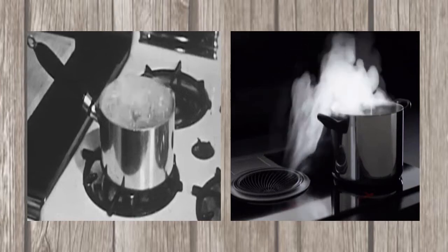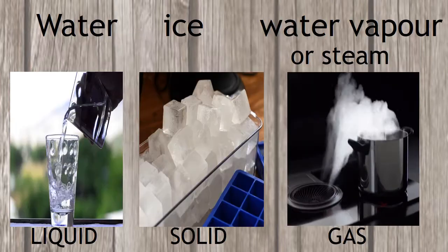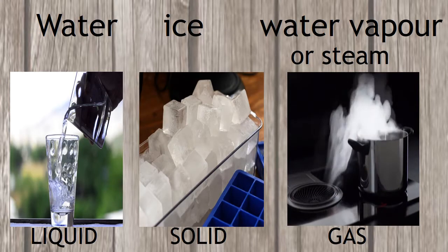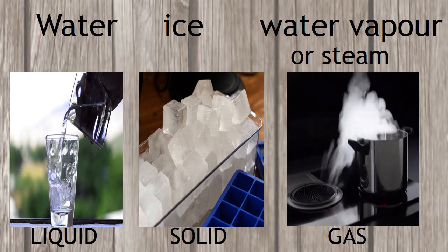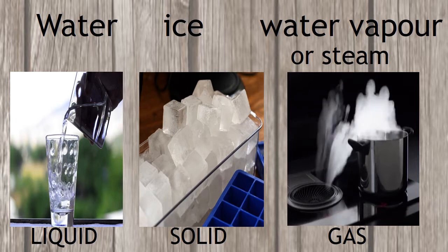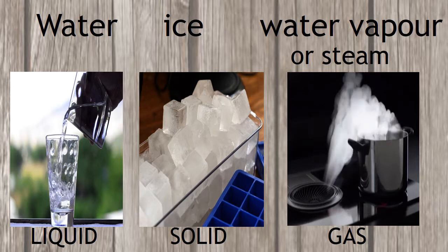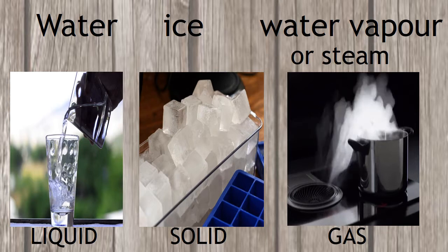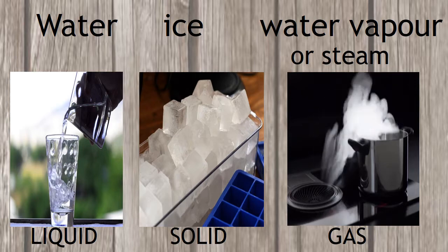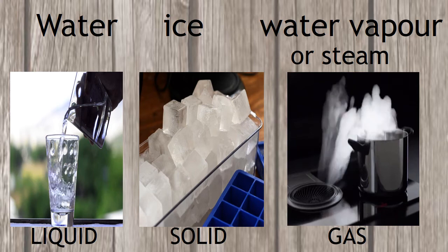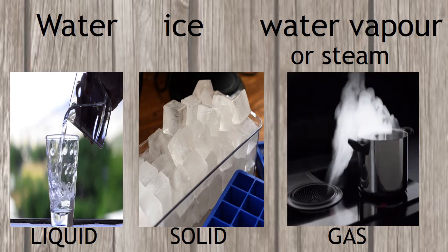Steam is also called water vapor. Thus, water, water vapor and ice are the three forms of water. They can change from one form to another. You can also say water is the liquid form, ice is the solid form, and water vapor or steam is the gaseous form of water.